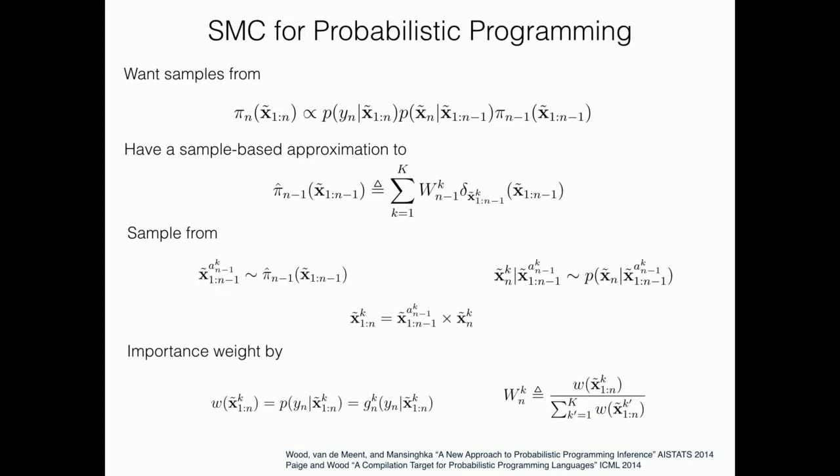Okay? So this conceptually is relatively simple. We're going to do sequential Monte Carlo over the space of program executions. Okay? That means instead of importance sampling, where you run the program once and compute a side effect, we're going to run the program k times in parallel. Okay?